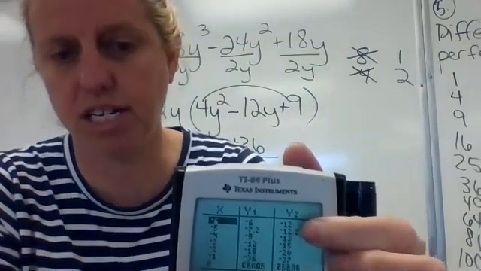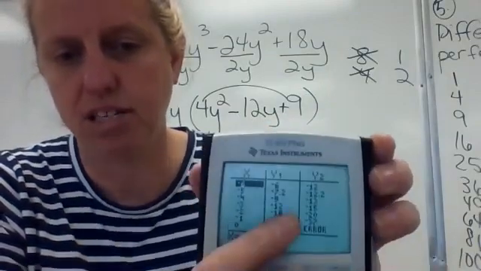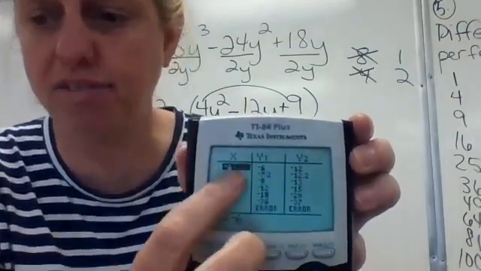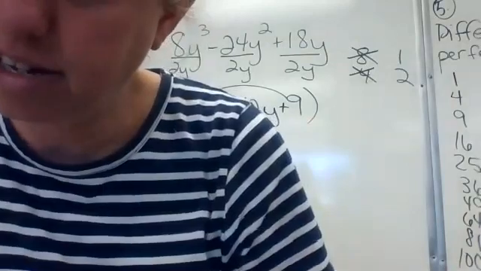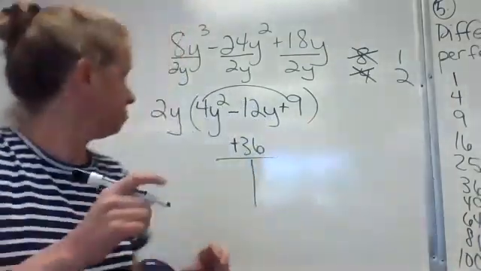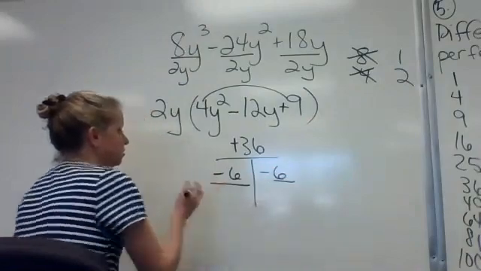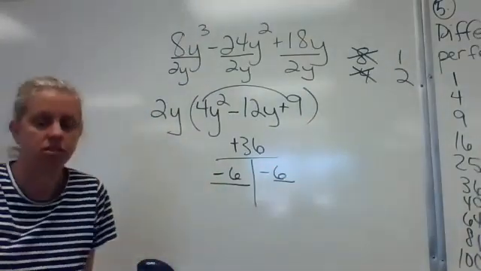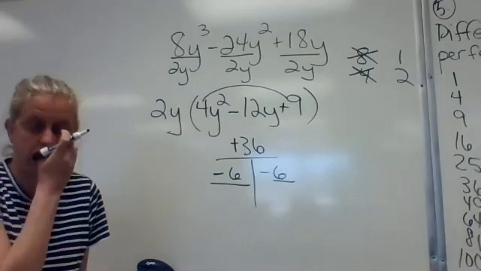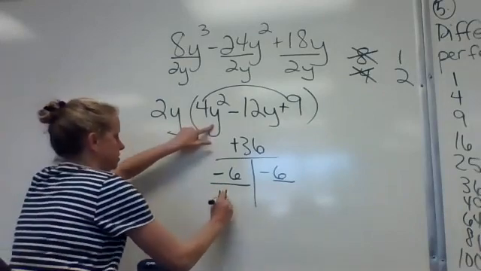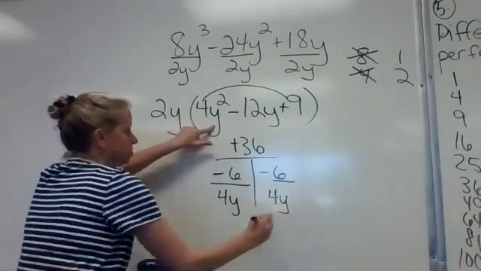Oh, there it is. I just kept going until I got to it. So there's my negative 12, which means what am I using? Negative 6 and negative 6. Put these both over 4y.